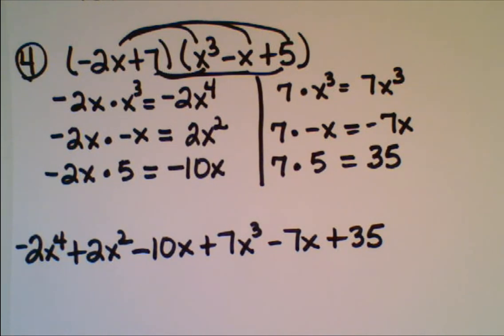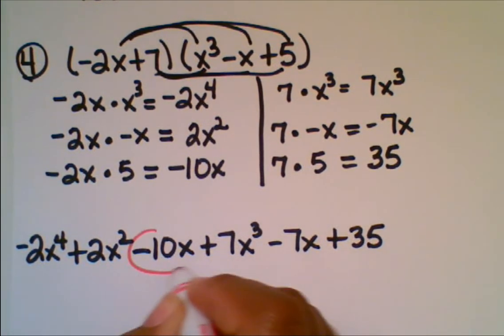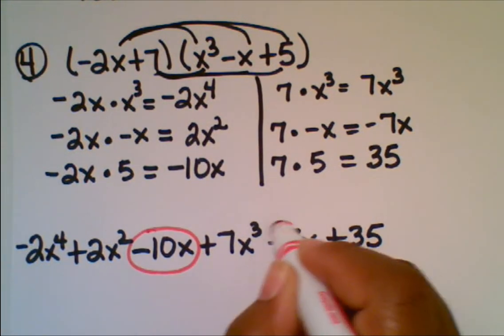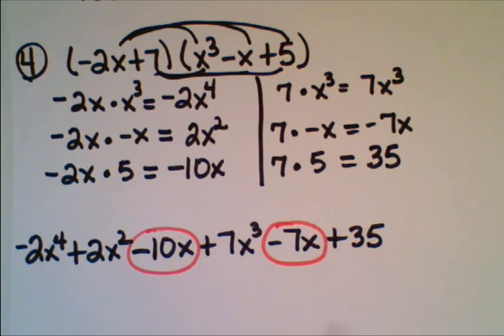look to see in this expression if we have any terms that are like terms. And we do have a set of terms that are like, and that is the negative 10x and the minus 7x. So then what we're going to do is simplify.